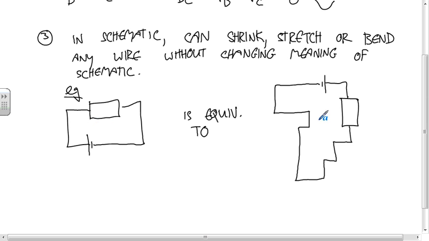All I've done to get from here to here is stretch some wires, bend some wires, okay? All that matters is the relationships between the elements in the schematic, okay?